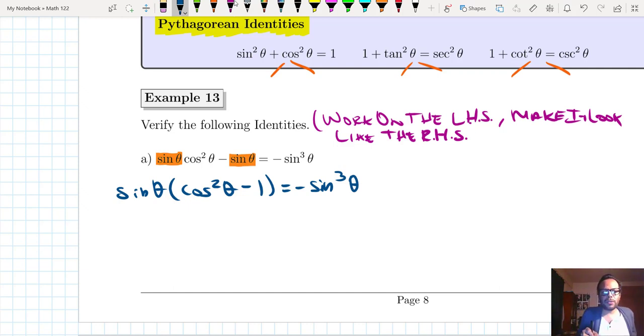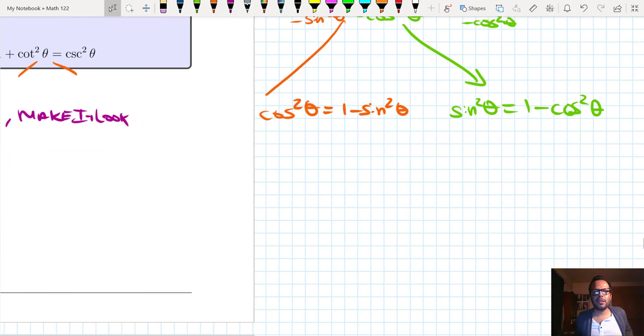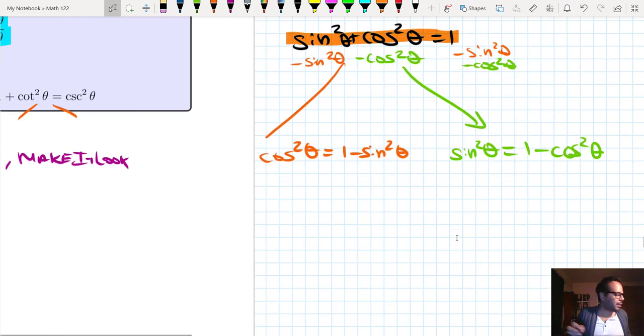Notice this cosine squared theta minus 1, right? That looks kind of familiar. It looks familiar from what we did here, right? The thing is, I have a cosine minus 1, not a 1 minus cosine. We can fix that, right?